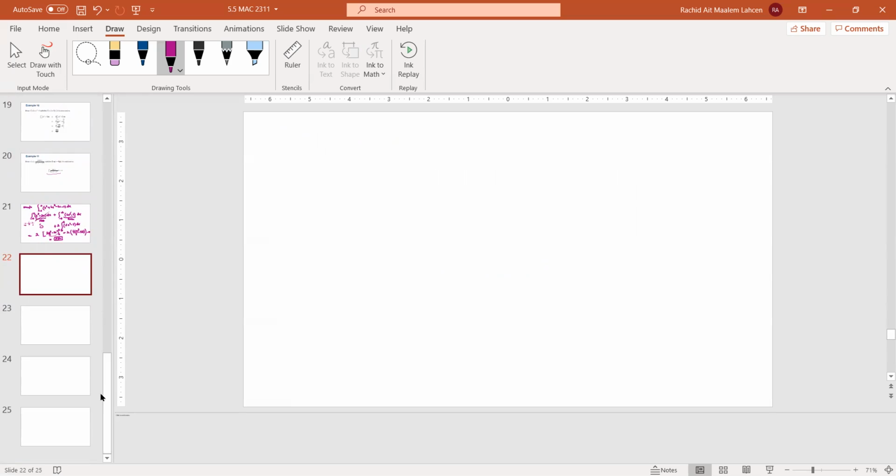So we can maybe try some other examples from the homework. You have 5.5, let's say number 4, and you're given sine squared theta cosine theta d theta, and this is u equals sine theta. This is given. So if this is given, then du is going to be cosine theta d theta, right?